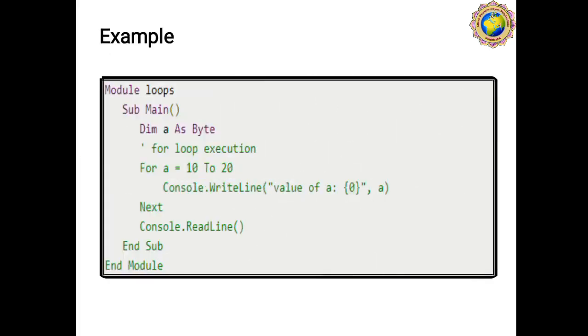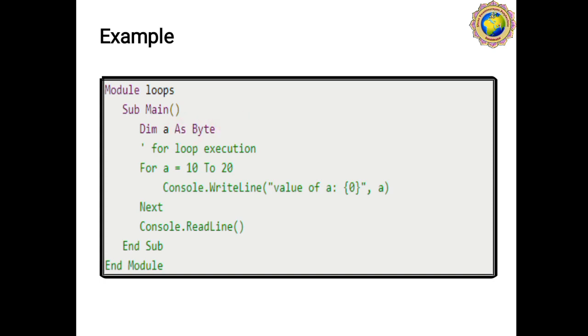Okay, so here is a simple example of using the for next loop. The sub main function is like the void function used in the C language; in the same way the sub function is used in the Visual Basic language. So here is the sub main function. Give the variable: dim a as byte. Here a is our variable, and byte is the data type of the variable.